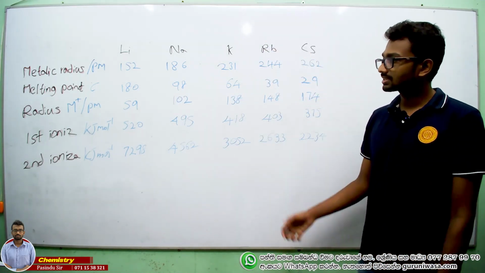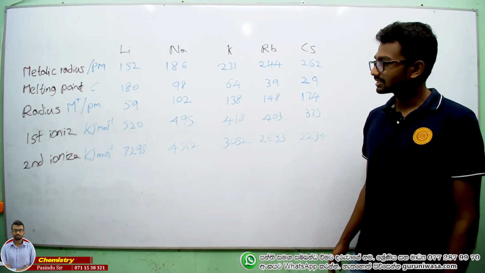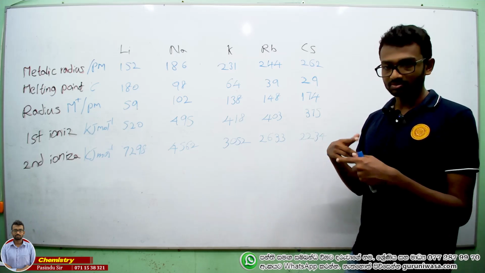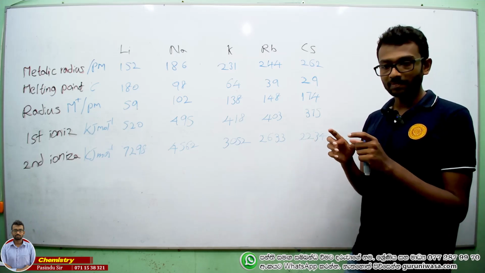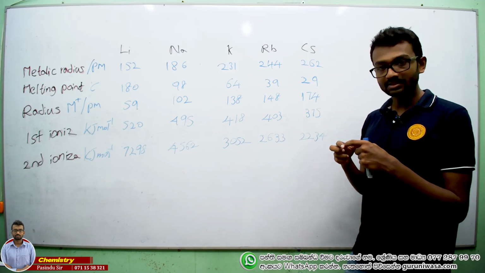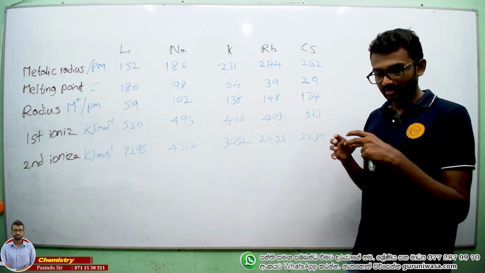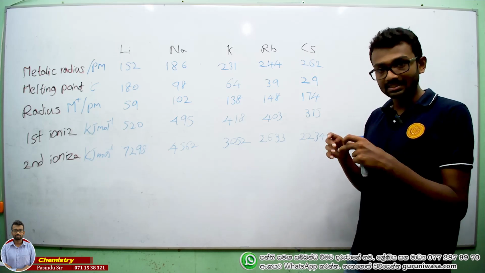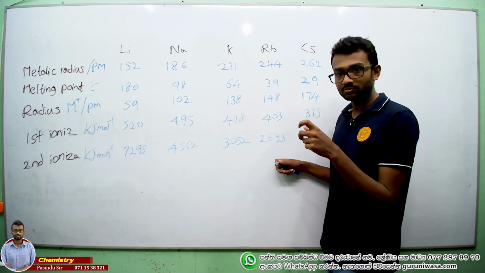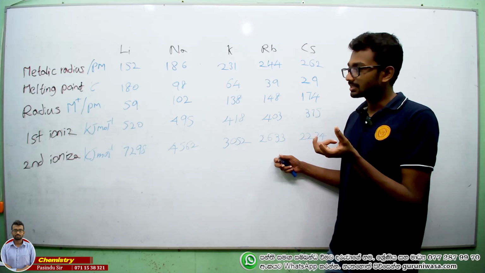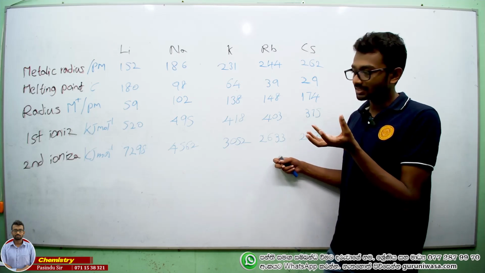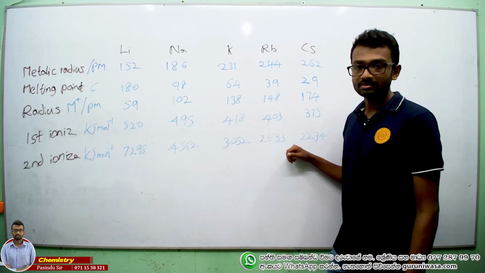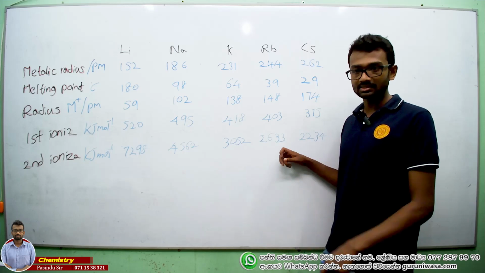When the metallic radius is increasing, you know about metallic bonds. The radius of the metallic ion becomes bigger and bigger, so it's hard to hold. So melting points and boiling points decrease.